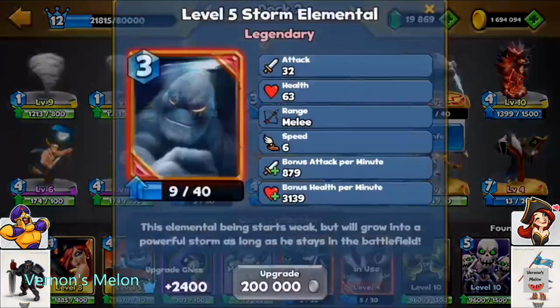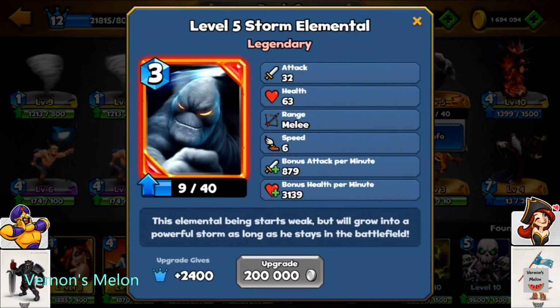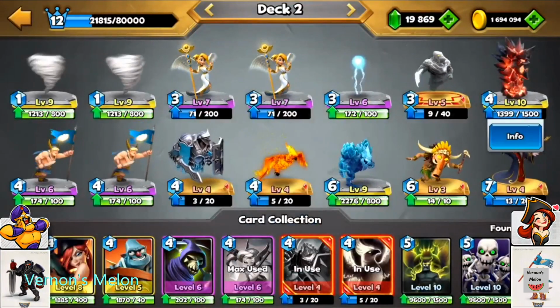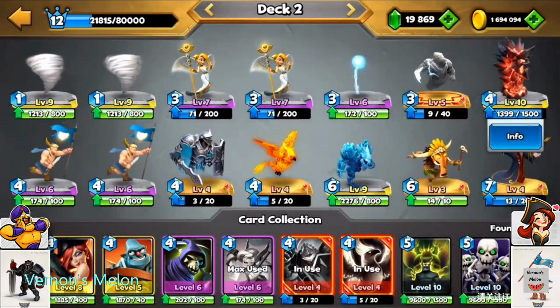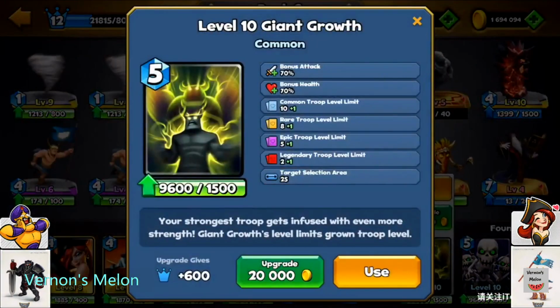Even after my Storm had grown way beyond 172 attack damage, it's still going to be the Spike statue that's going to get buffed, because at that point the Spike statue has way more health, which is over 3000 HP. So in terms of strongest, as mentioned in the description, it refers to health points.